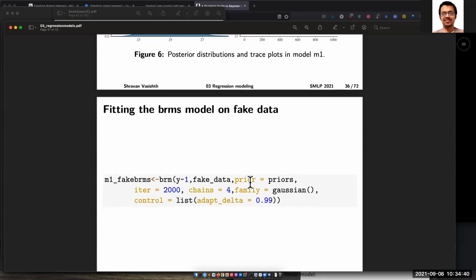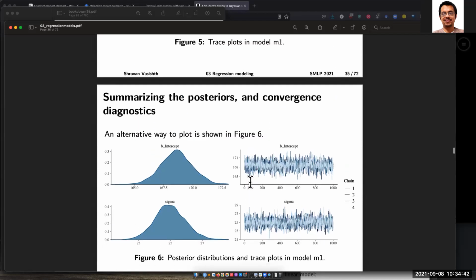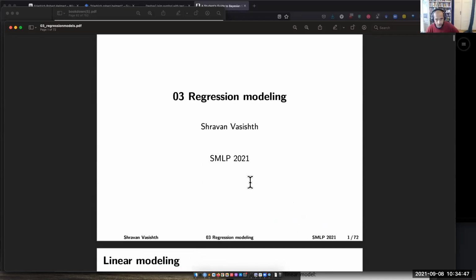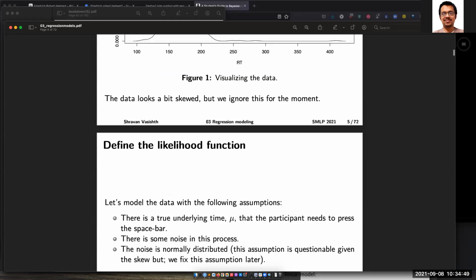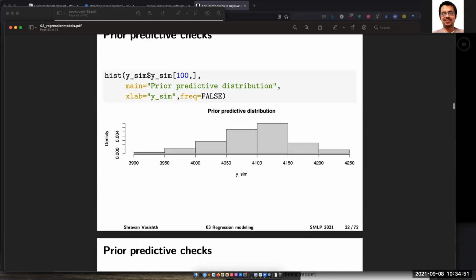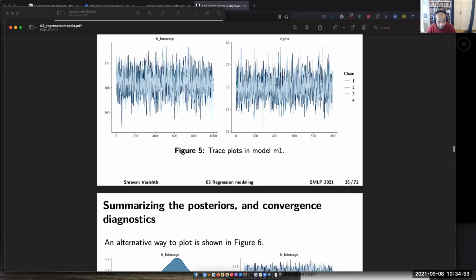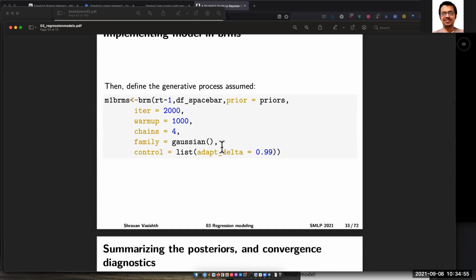And actually, I have another question on the BRMS code. Oh, sorry. Go ahead. So there was the family Gaussian that was determined. In the Stan code, we could specify different equations for the prior and for the likelihood as well.